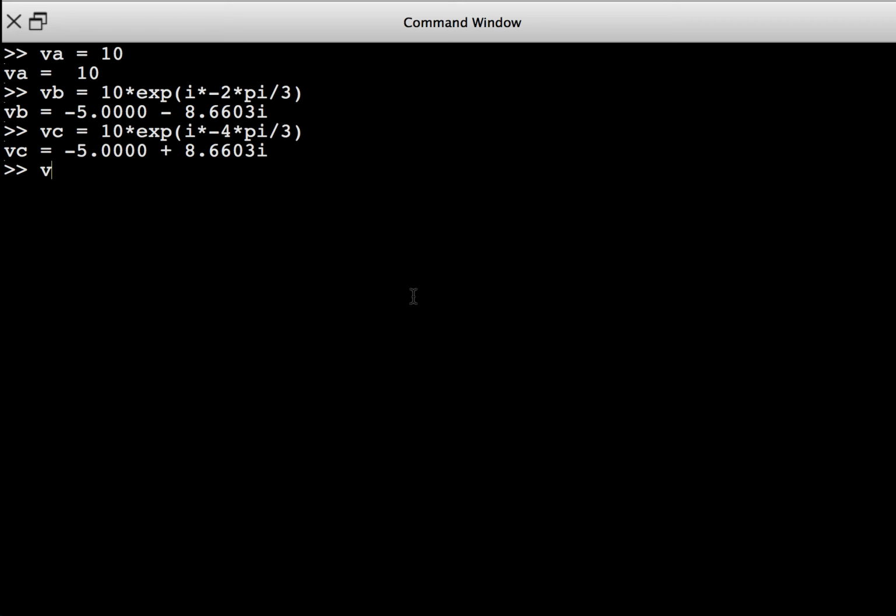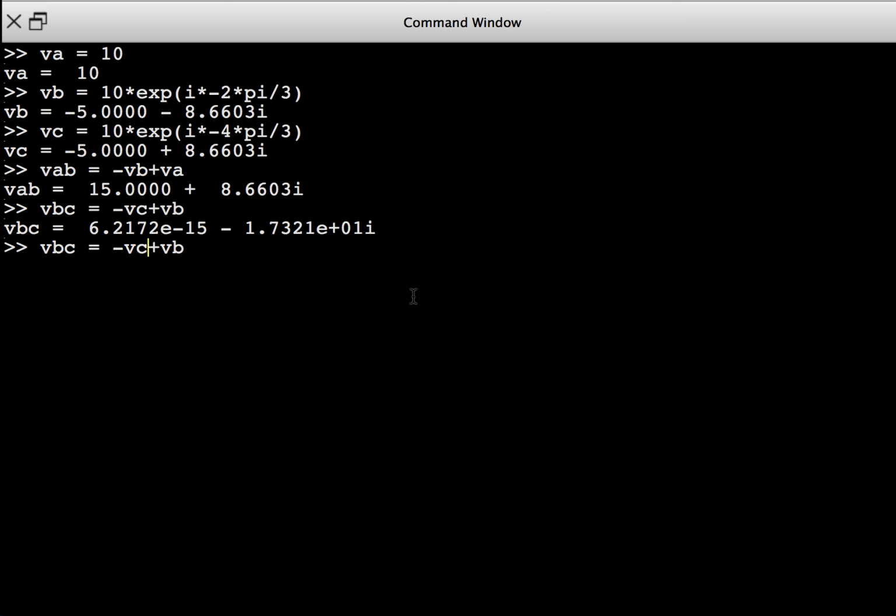So VAB is nothing but minus VB plus VA. The same thing, I'm just doing that. Now VBC is nothing but minus VC plus VB. And similarly VCA is nothing but minus VA plus VC. This is what we did in the calculations. So now I want to visualize it.